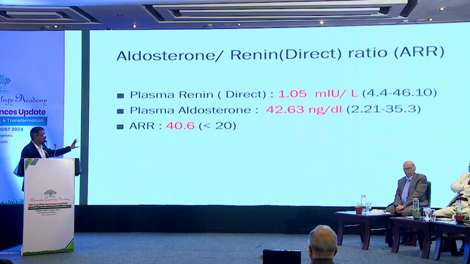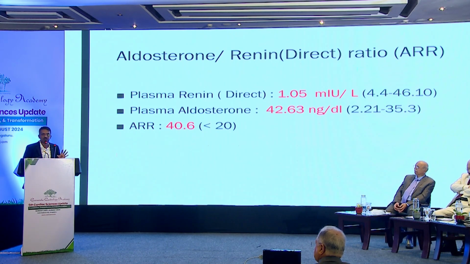So here the ARR was 40.6. Normally the ARR is less than 20, above 20 it is elevated, and above 40 it is significantly elevated. So probably the first criteria of case detection, yes, we are pointing towards primary hyperaldosteronism in this case.